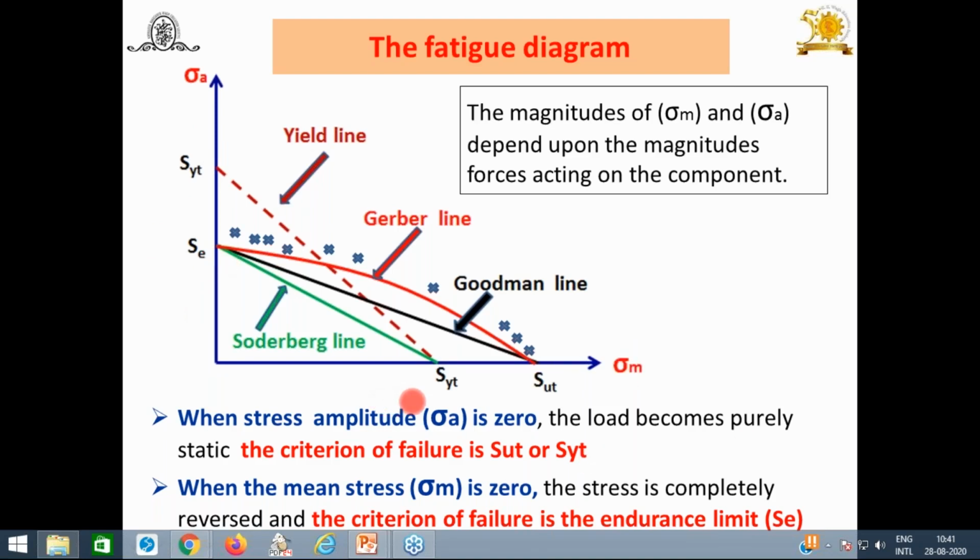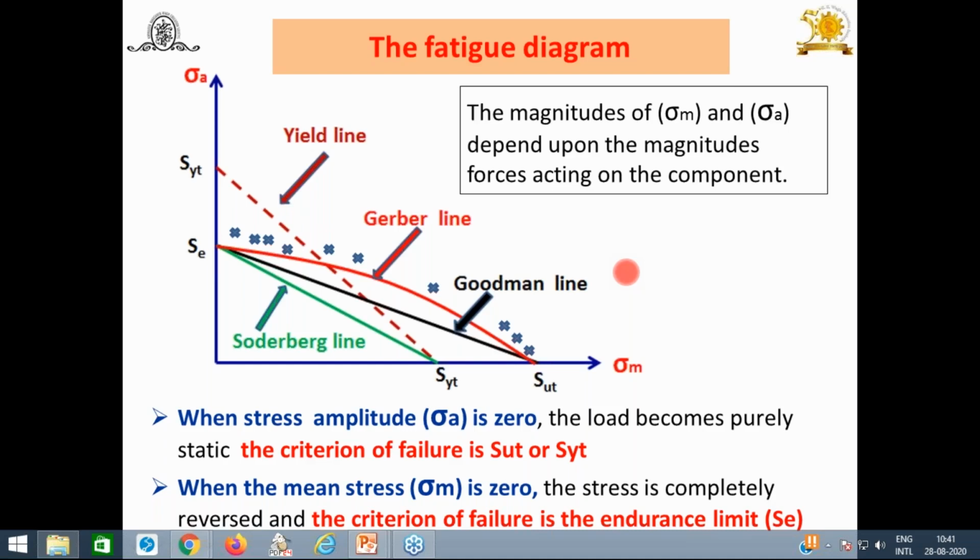But now, in these two cases, we have considered first sigma A equal to 0, then second sigma mean equal to 0. But in alternating stresses or fluctuating stresses, what is happening? There is a magnitude of sigma mean also, and there is a magnitude of sigma amplitude also. At that time, how to solve the problem? And during that time, what is the criteria for designing the component?